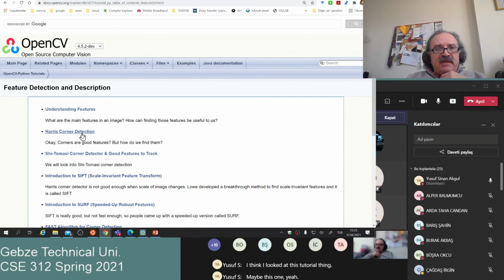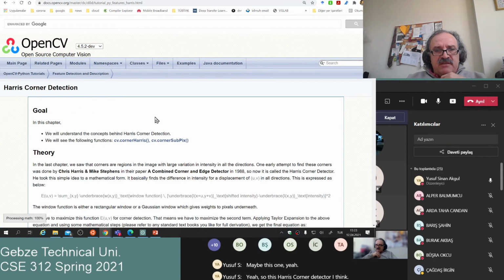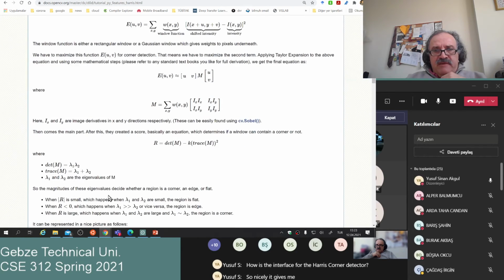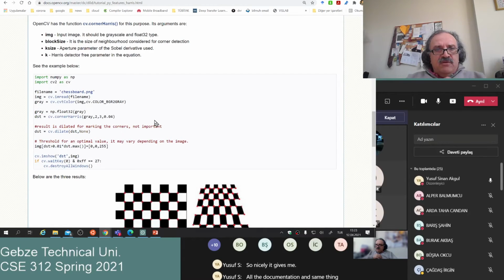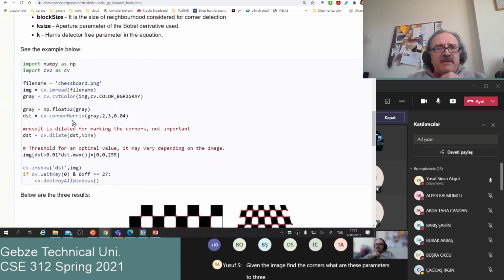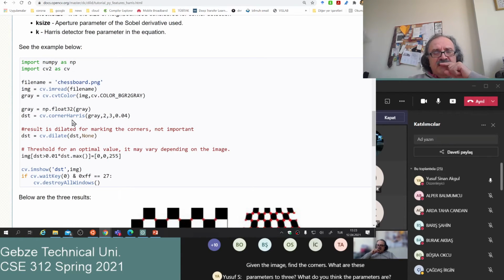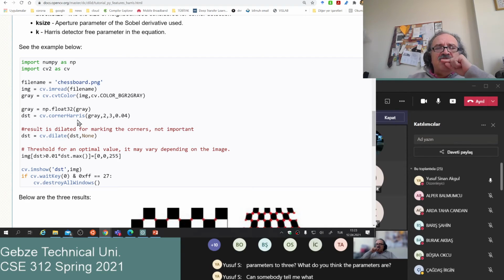So this Harris corner detector, how is the interface to it? Nicely, it gives me all the documentation. Given the image, find the corners. What are these parameters? 2, 3. Can somebody tell me what you think these parameters are?